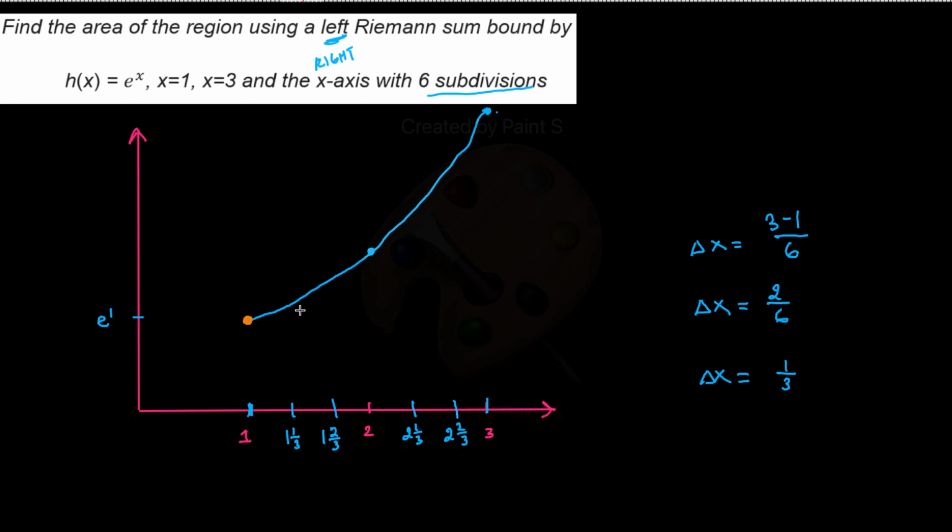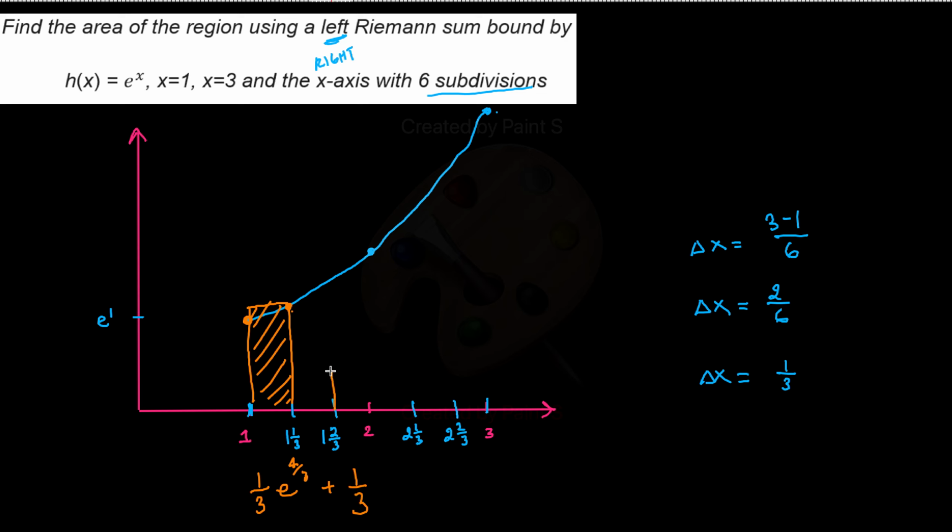And again, all you do is you start off to the right, where this is the height of your first rectangle. And that's going to change things because that's going to be an overestimation of the area underneath the curve. So that's your first rectangle, and that's 1/3 times e to the 4/3, plus 1/3, the next rectangle.